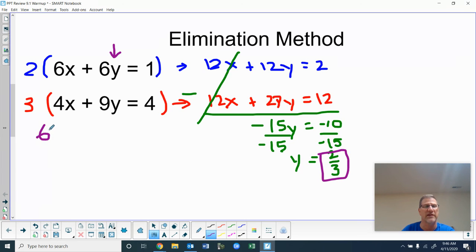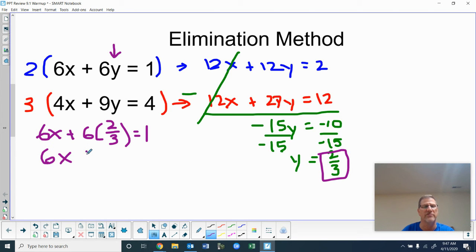So it'll be 6x plus 6 times 2/3 for y equals 1. All right, when I multiply these, 6 times 2 is 12, divided by 3 would be 4. Okay, so 6 times 2/3 is 4.